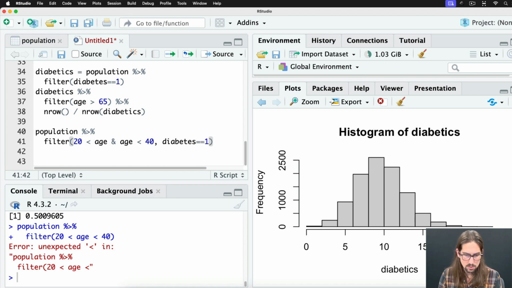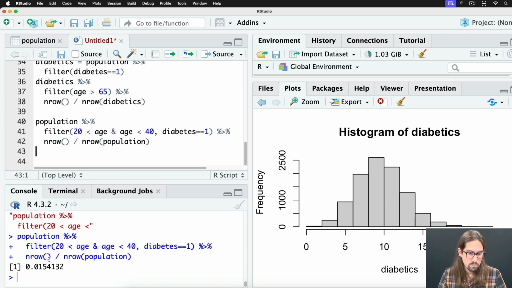Okay, that's it. And now we just count how many rows we have. We compare that to the total number of rows in the total population. There we go. So about 1.5% of people satisfy both of these conditions.